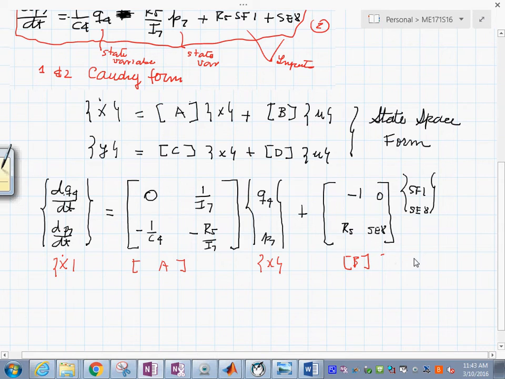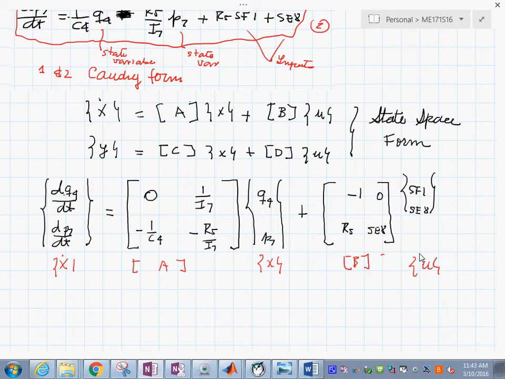So I just want you to be prepared that the matrix would be like dp sub 7 dt here, and the other one will be dq sub 4 dt. In that case, the terms would be rearranged a little differently. This would be p sub 7 and q sub 4, and then plus the matrix B here times the other one, the SF1 and SE8, like this.